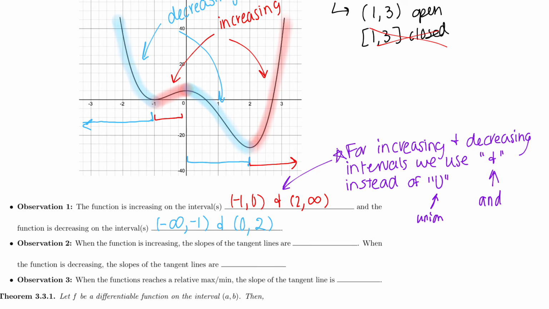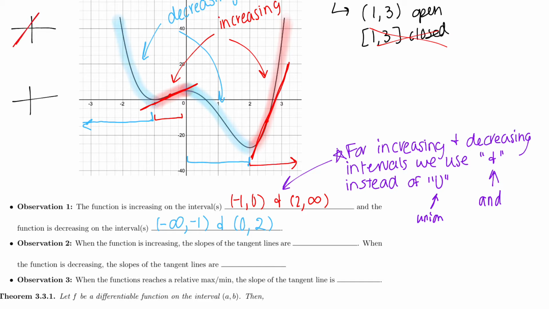So something to note, when the function is increasing, if we were to draw any tangent line, so if I draw a point right here and I draw a tangent line, or if I take a point right here and I draw a tangent line, the slopes of those tangent lines are positive, right? Let me clarify here.